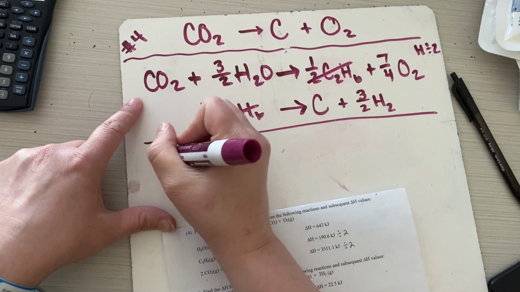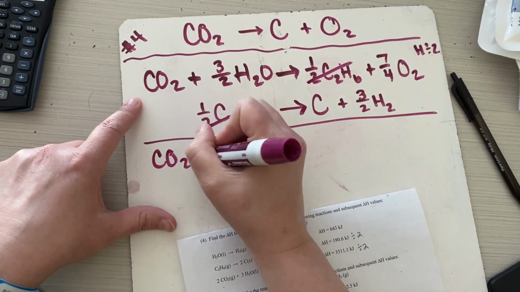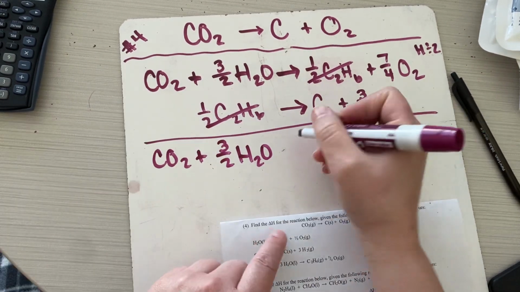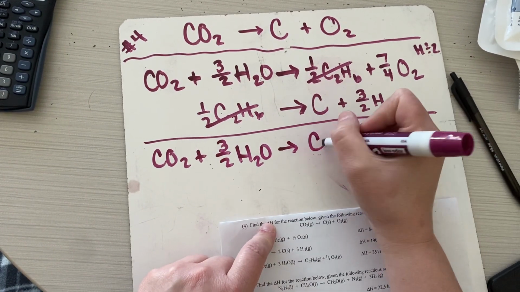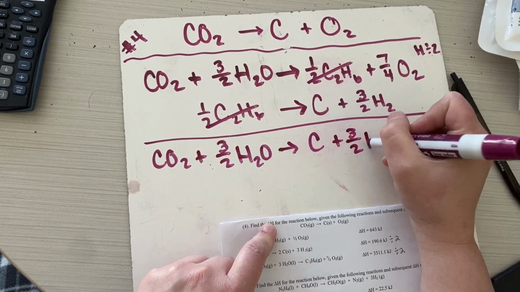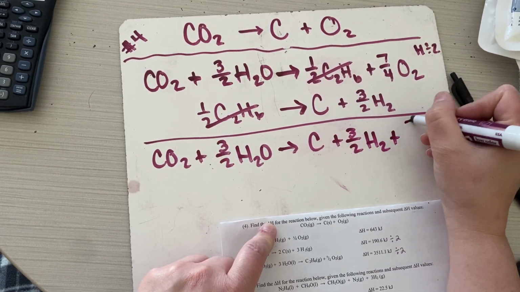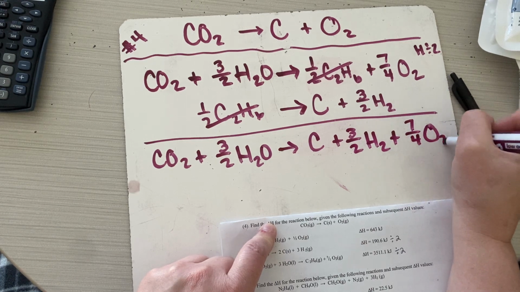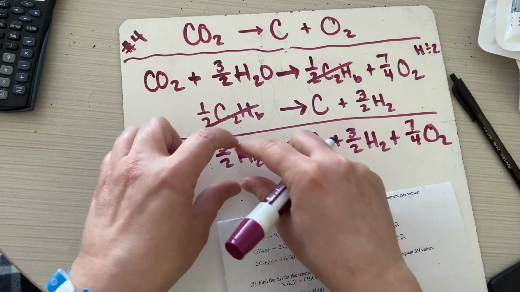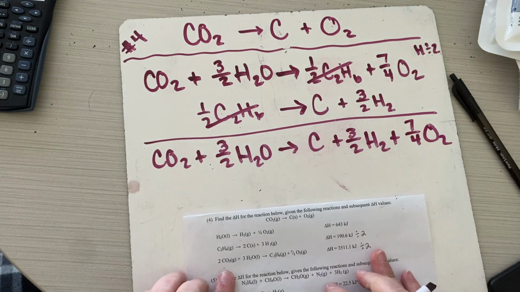So I'm going to end up with CO2 plus 3/2 H2O gives me C plus 3/2 H2 plus 7/4 O2. So I just took these and put them into one equation now.